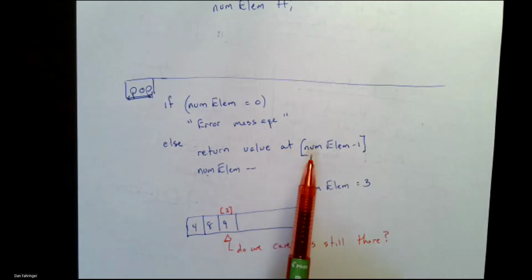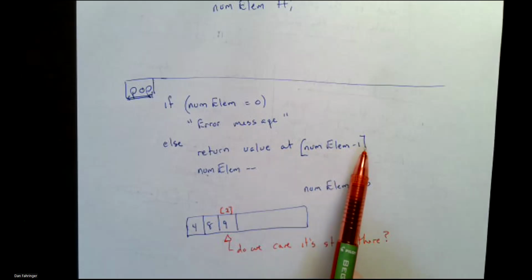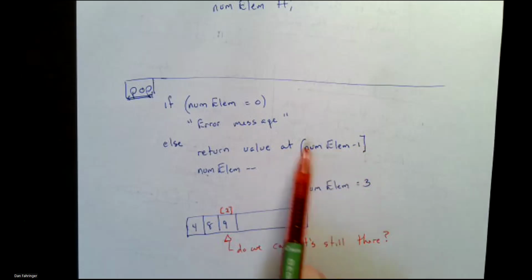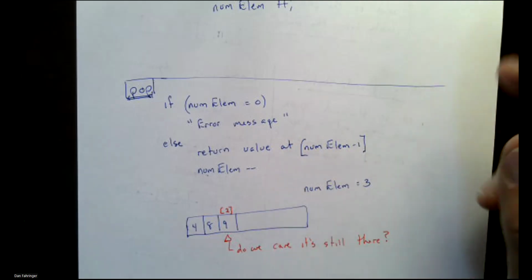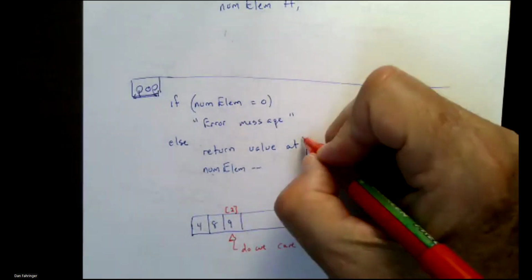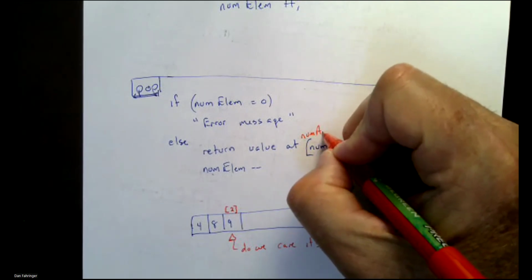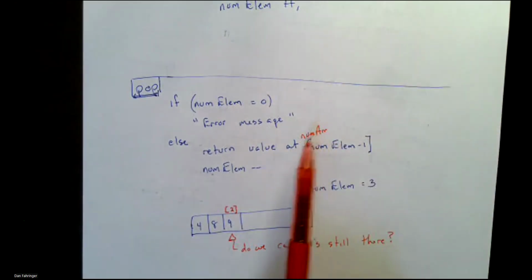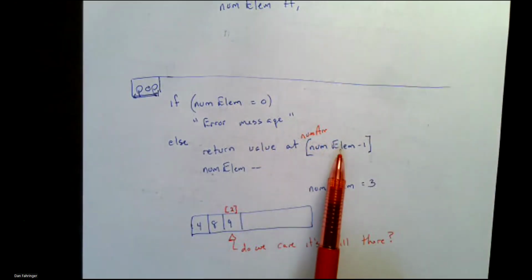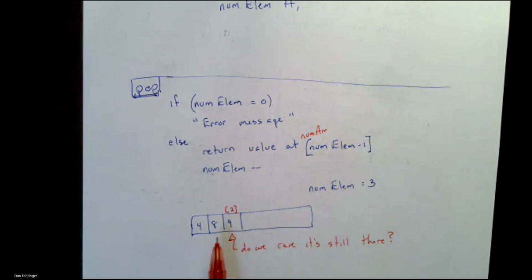So I return the value at num elements minus 1. My array, what did I call this? Num array. I knew how to return the value at num array sub num elements minus 1. Then I need to change num elements because there's only 2 left.